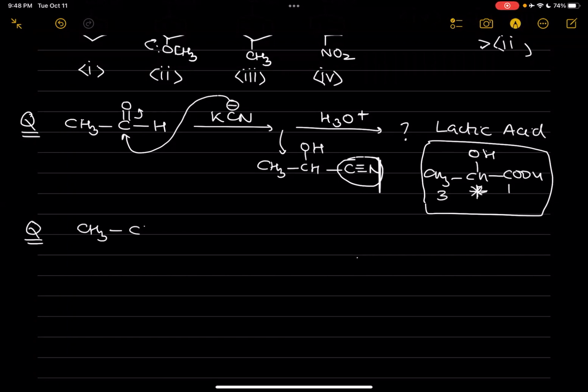And there is one question which is given in Solomons. Solomons, you know, is a very famous book of organic chemistry for JEE. Actually, what happened is this question was asked as it is from that book in JEE.